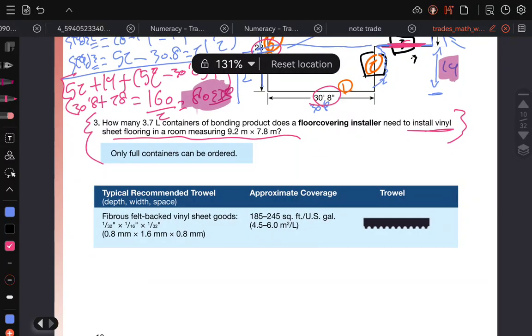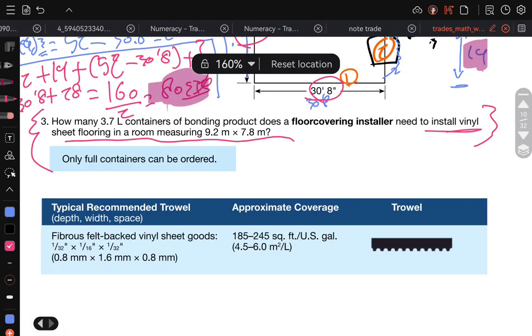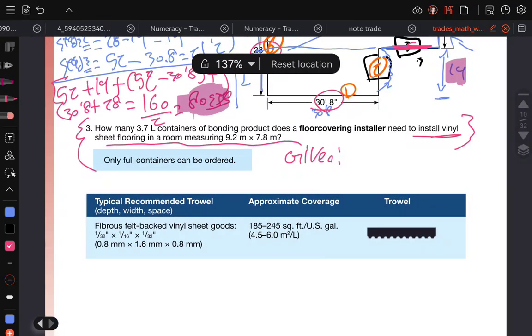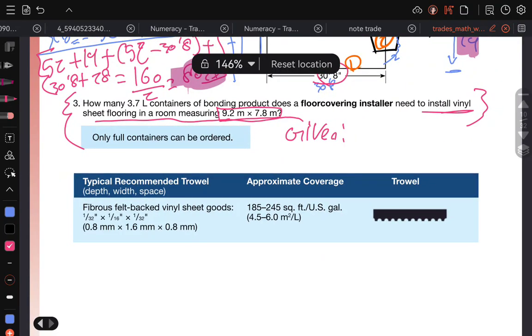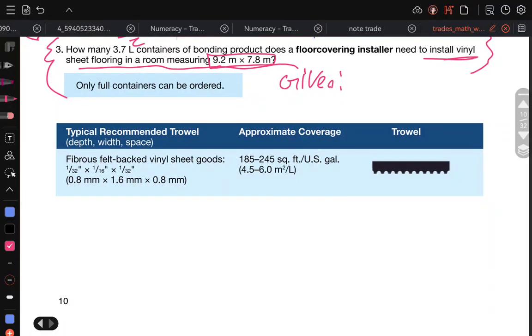Always see or write the given. From here, as you can see, it's already given. There is no map, there is no figure, it's already written.